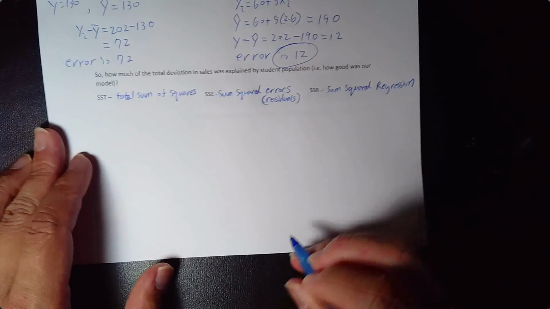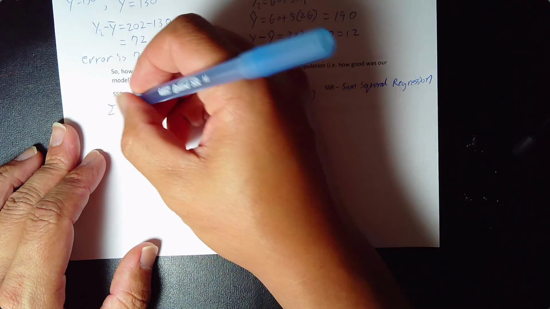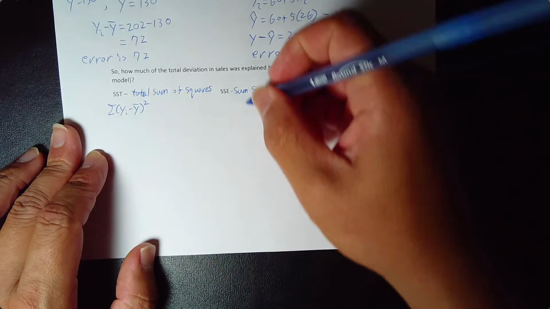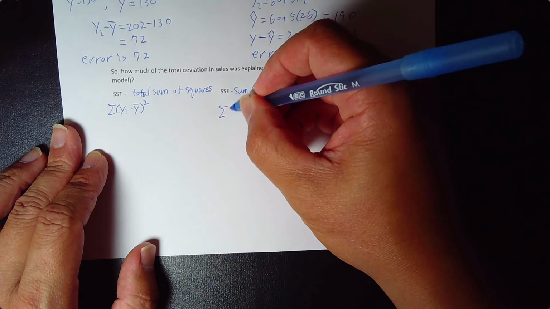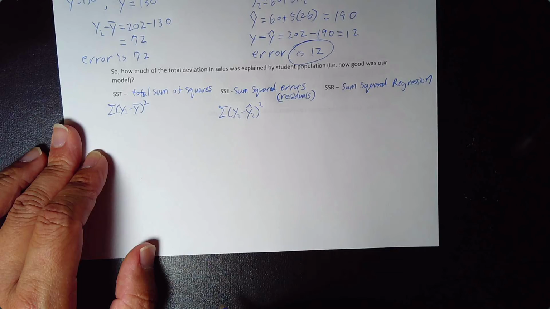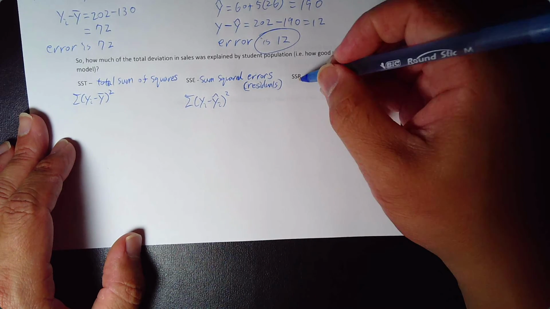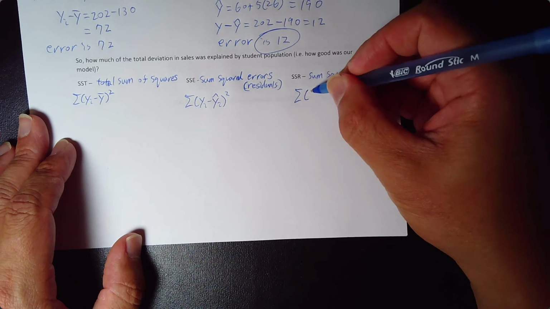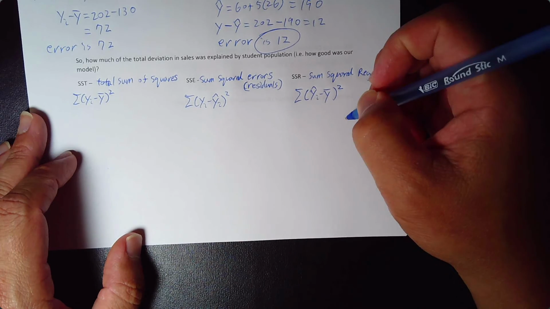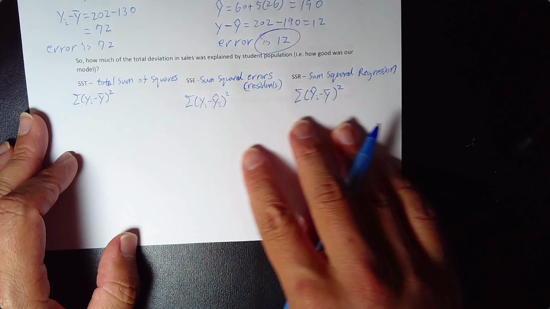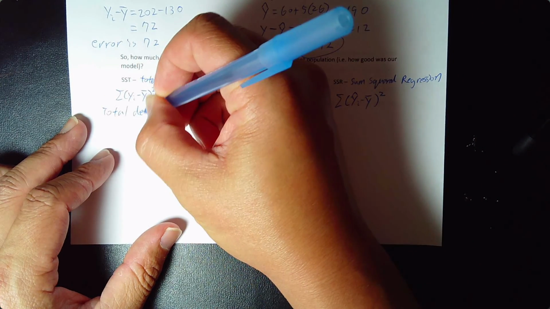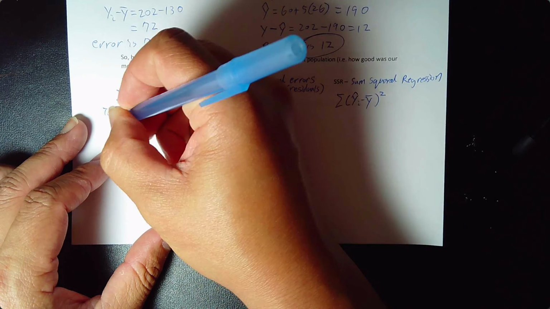Okay, mathematically, we saw this before already. This is yi minus y bar squared, observed minus the average. Here is yi minus y hat i, so this is the error in our measurement. And then finally here is the summation of y hat i minus y bar squared. Now, interpretation: this is total deviation from the mean.